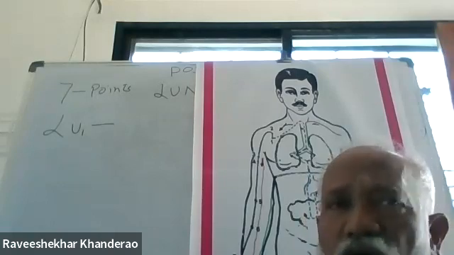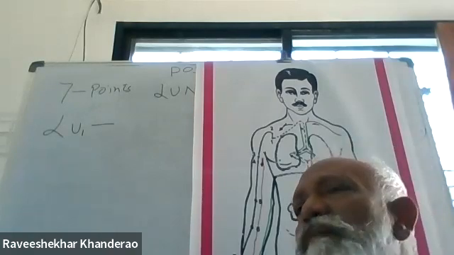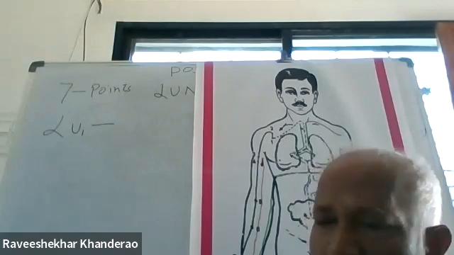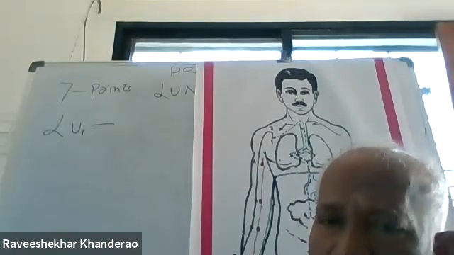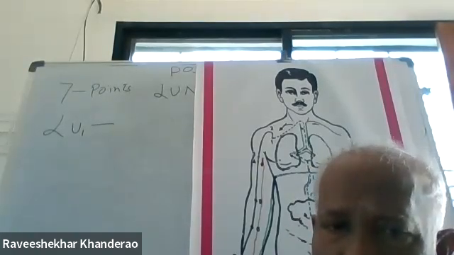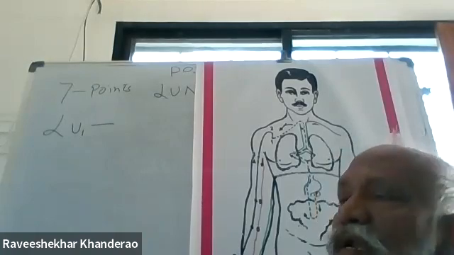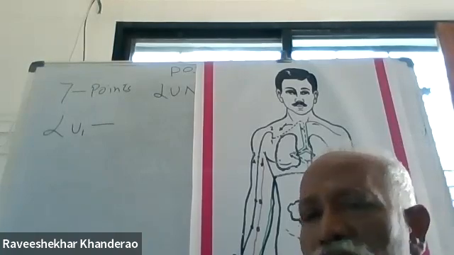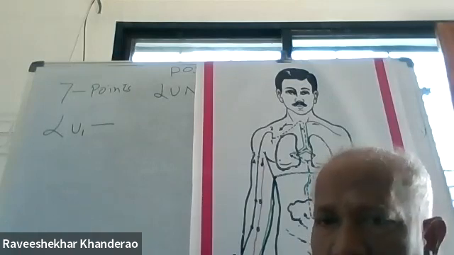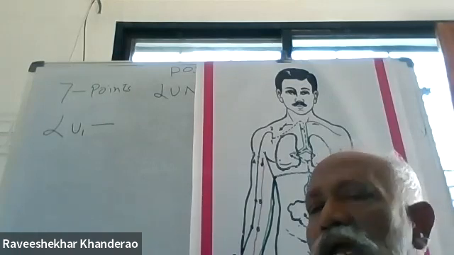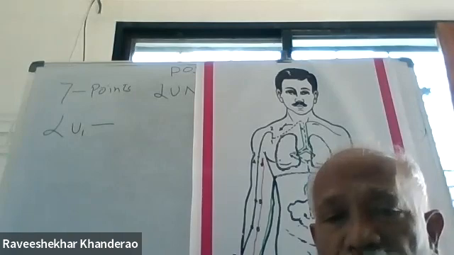What is the back shu point of this meridian? UB13 is the back shu point of the meridian. Then lung 5 is the sea point of the meridian, and lung 8 is the horary point of the meridian.